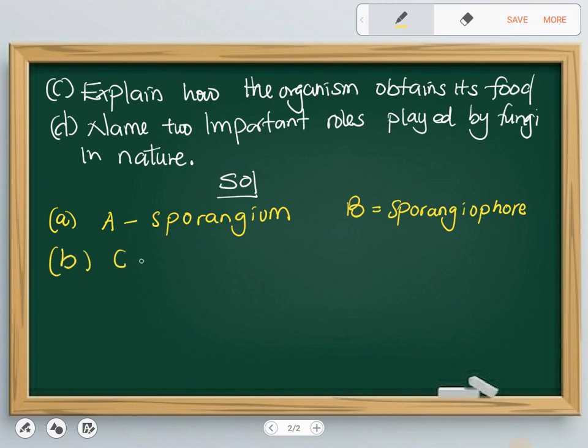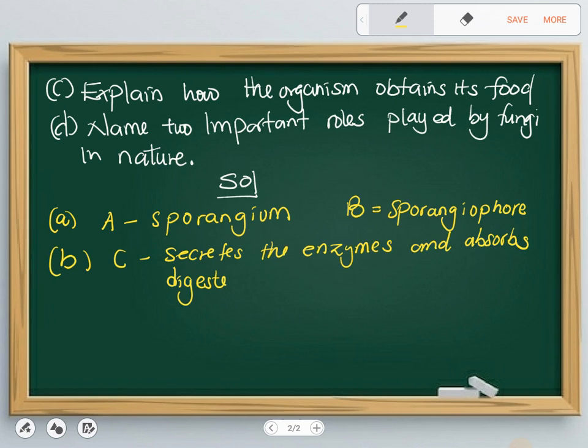So C, number one, it secretes the enzymes, and it absorbs digested food nutrients. It's making sense, right?